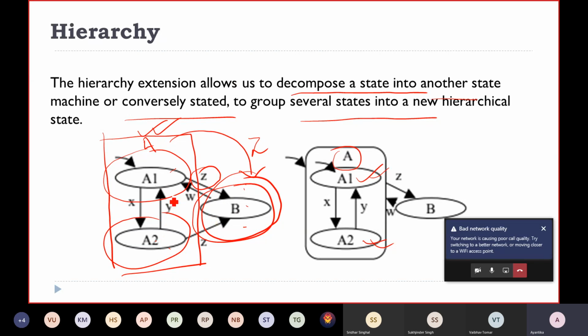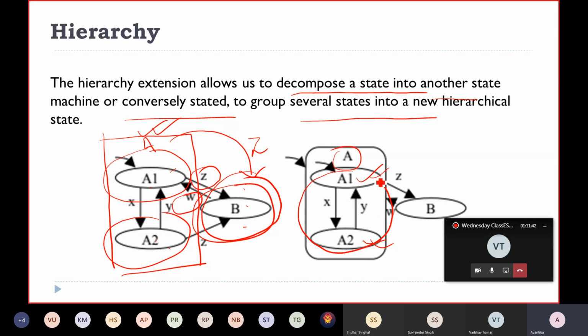But when it is coming back, according to this specification, it needs to come back only when this W transition condition is satisfied, and it will come back to A1, not directly to A2. So when it is returning, it is only coming back to A. So this is the concept of hierarchy.